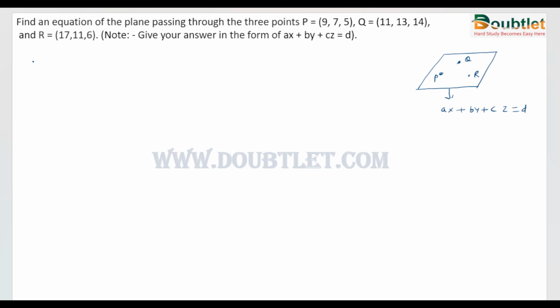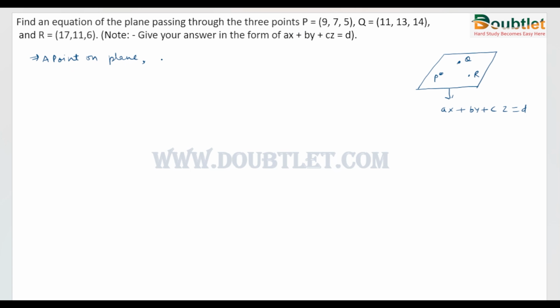So we know that to find the equation of a plane, we need two things. First is a point through which the plane is passing, a point on the plane. Here we have been given 3 points, so this is not an issue. We can take any of these points to find the equation.